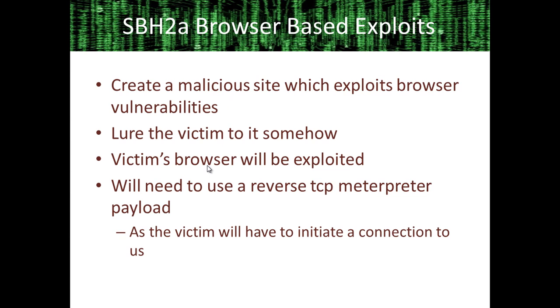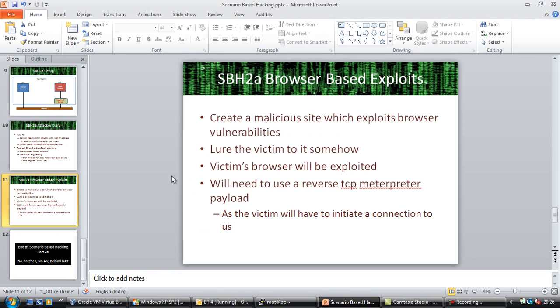And once the victim's browser is exploited, he would go ahead and use a reverse connection, typically a Meterpreter reverse TCP payload, using which he would have the victim connect back to him. Once the victim connects back and establishes a stable connection, from there on the attacker can tunnel through that connection and do various things on the victim. So let's get on with the demo.